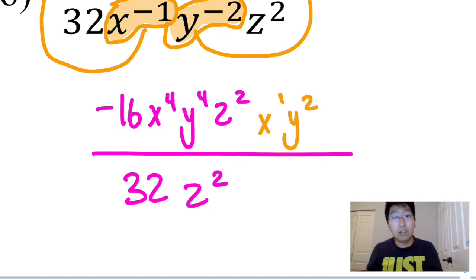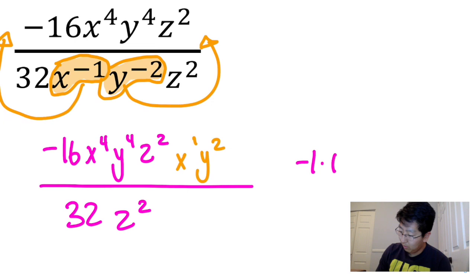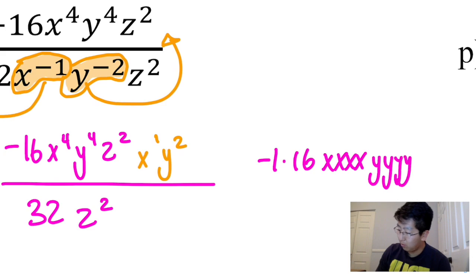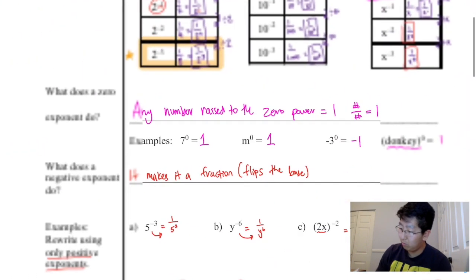That made it a little bit easier. Let's go ahead and expand. Now, 16 goes into 32, so that's a common factor. So I'm going to do negative 1 times 16. 4 x's, 4 y's, 2 z's. And then, oh, whoa, what happened?